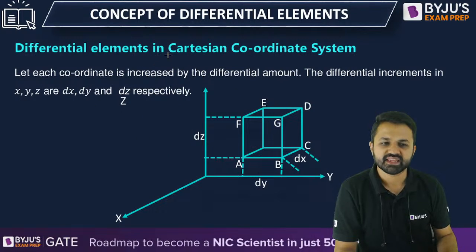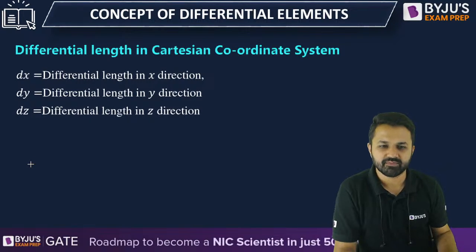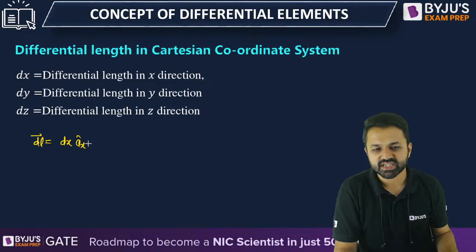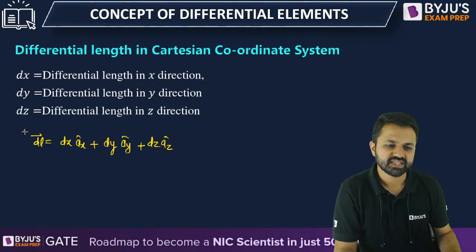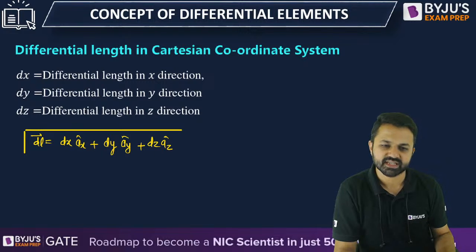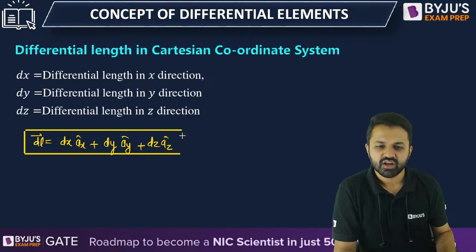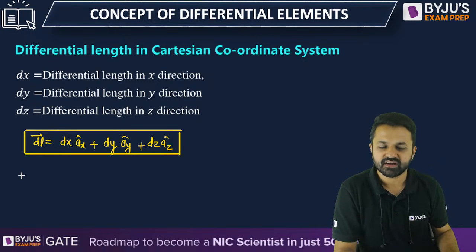The differential length in general, irrespective of the direction, we always write dx ax, dy ay, and dz az. This is the differential length in the Cartesian coordinate system, irrespective of direction. Now, the question will come: how are we going to manage the direction?